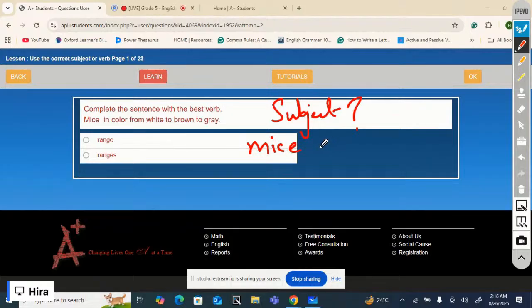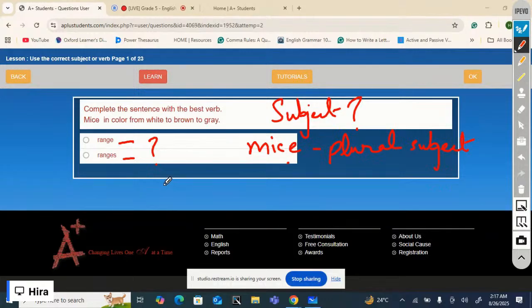Mice is a plural subject. How do we know? Mice is used for more than one mouse. So if the subject is plural, which verb are we going to choose? Range or ranges?